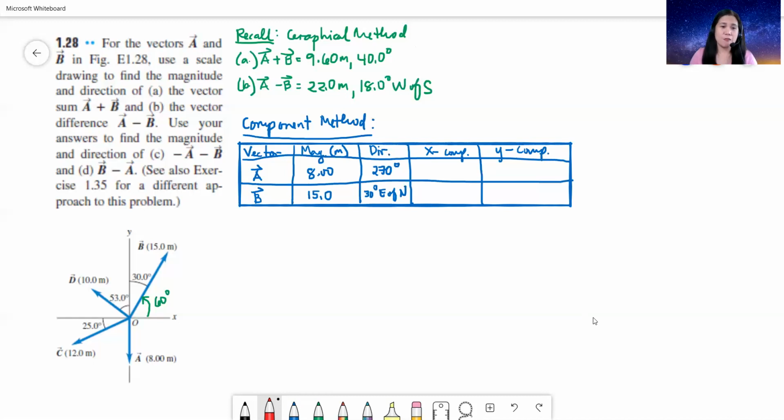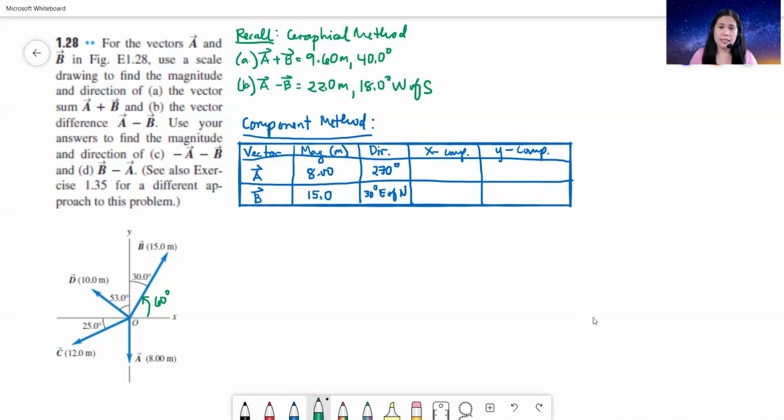Okay? Kasi si vector A, this is one-dimensional. Meaning, lahat ng magnitude niya nasa iisang axis lang. Lahat nasa negative y. So, for one-dimensional vectors, madali ang component kasi hindi mo na kailangang isolve. Tingnan mo na lang yung itsura, di ba? It goes south. So, there is no part of 8 meters here that is along the x-axis.